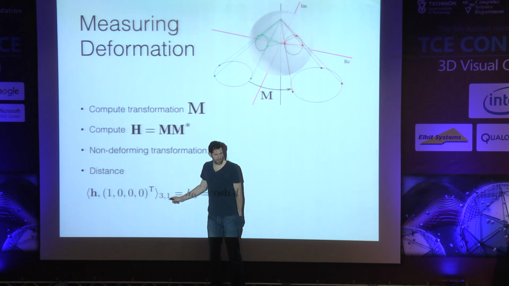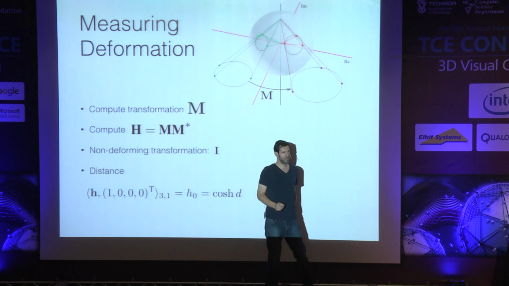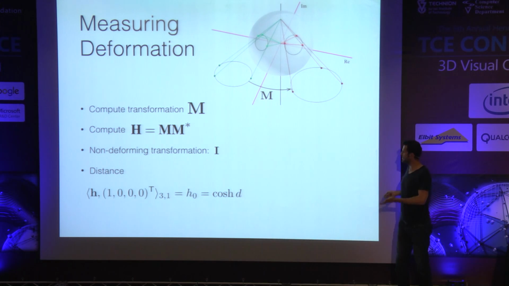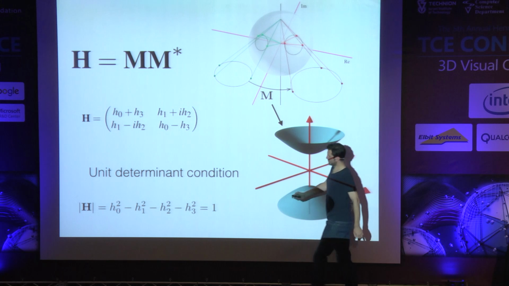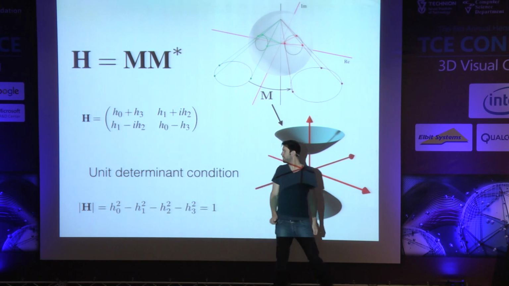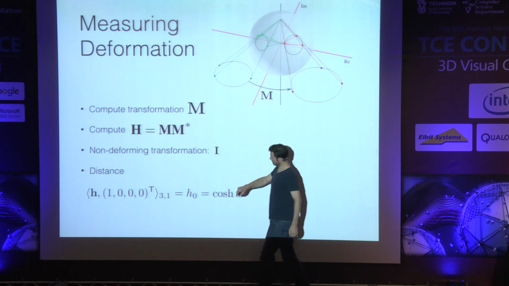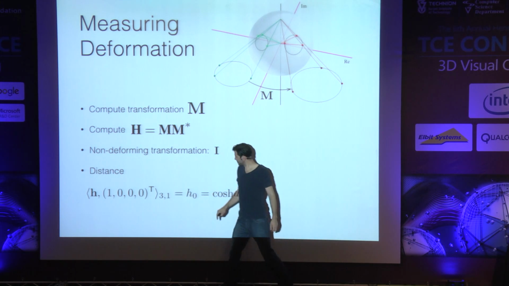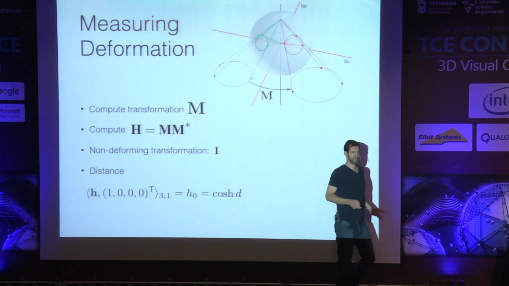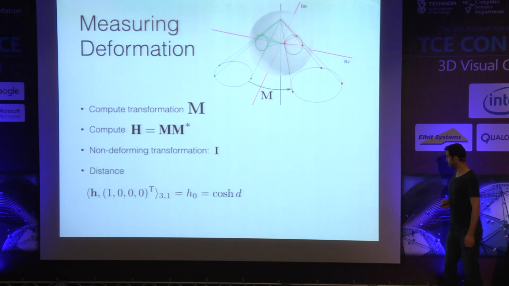Only the inner product now has a different signature, right? And not surprisingly, you've seen the signature, in terms of plus and minus signs, it looks like this, right? So we take this inner product with this signature, and we get the hyperbolic cosine of distance.